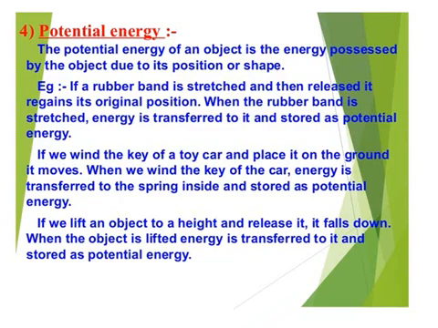So when you rotate it clockwise, there is a spring inside, and the spring gets tightened. When you release it on the floor, the spring regains its original position, and because of that, the toy car moves.